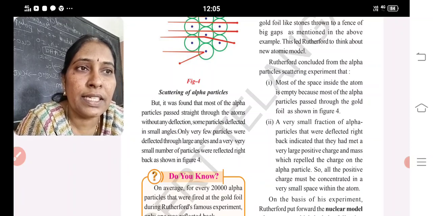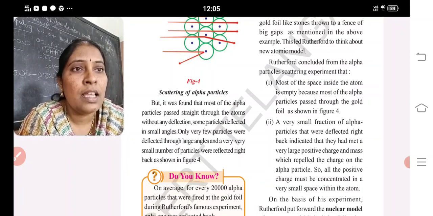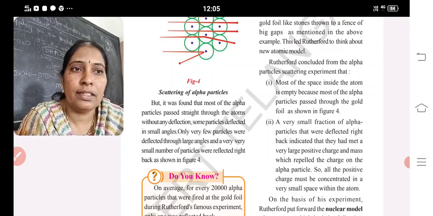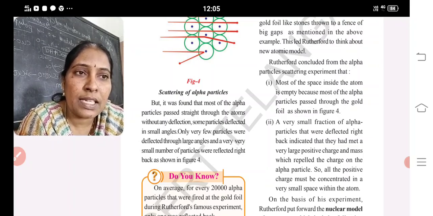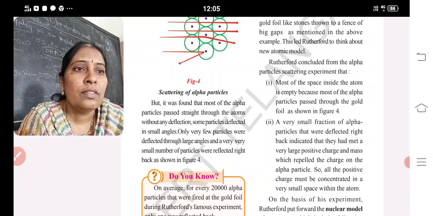Most of the space inside the atom is empty. Because of that we can pass through or penetrate the gold foil. And a very small fraction of alpha particles were reflected right back, indicating that there is a net positive charge and mass which repelled the charge on the alpha particle.